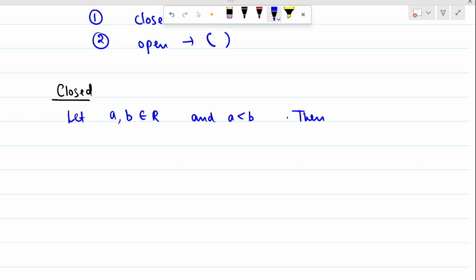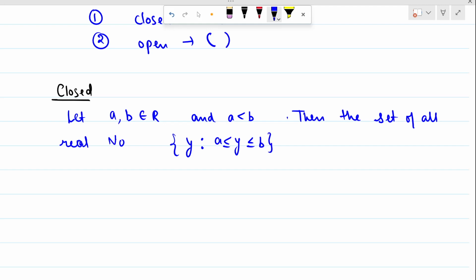Then the set of all real numbers y between a and b is called a closed interval.